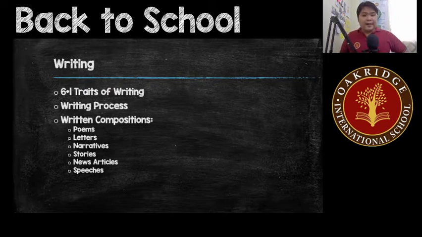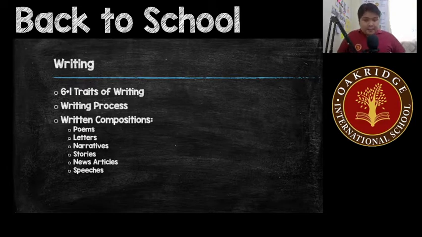For writing, it's going to be the 6+1 traits of writing and the writing process. Now, these two things, I cannot go as specific as I'd like to because of the very tight schedule that I have with the different things that I have to teach you through your books, because I'm going to be focusing mainly on the books.